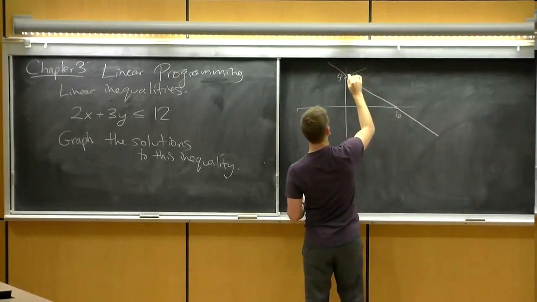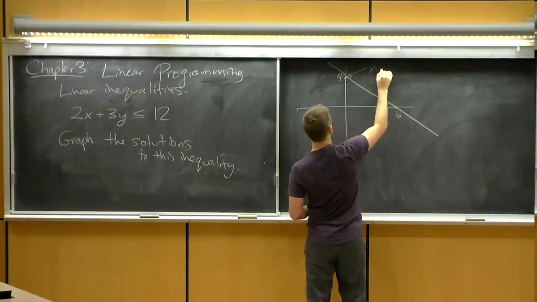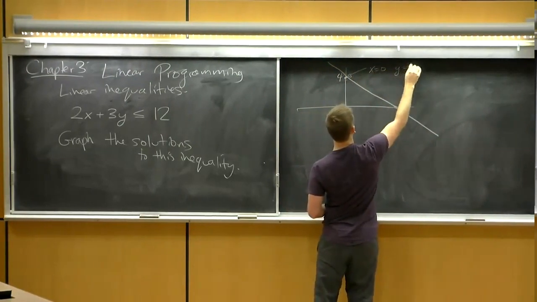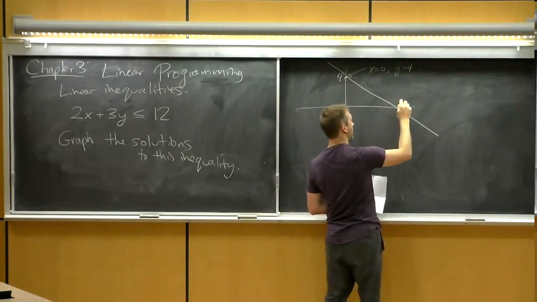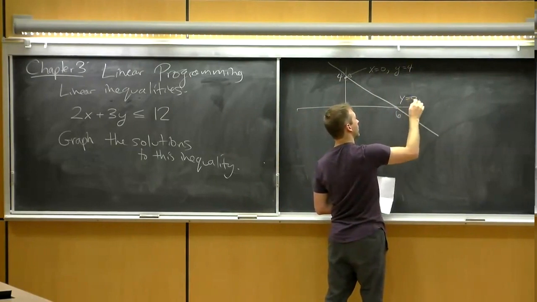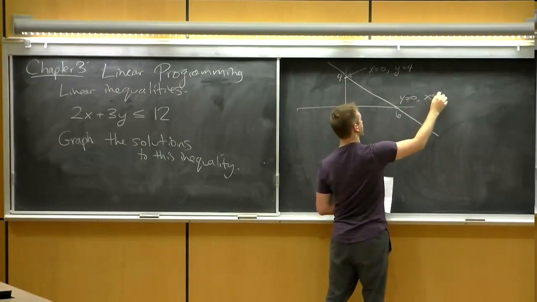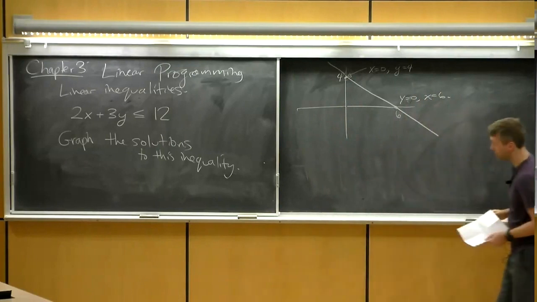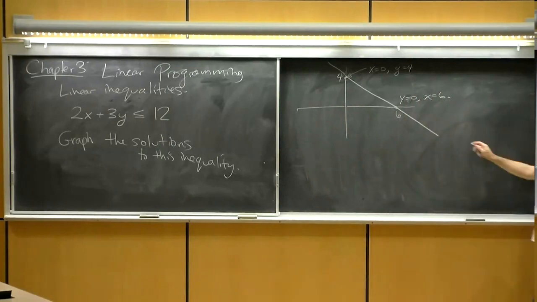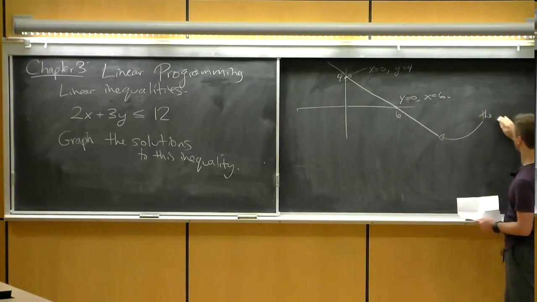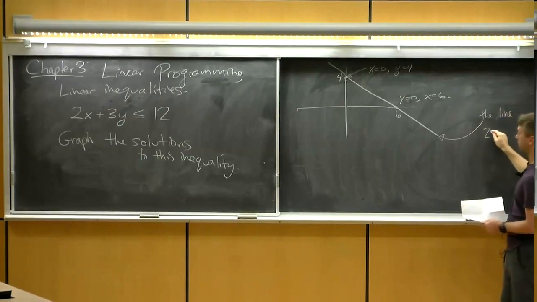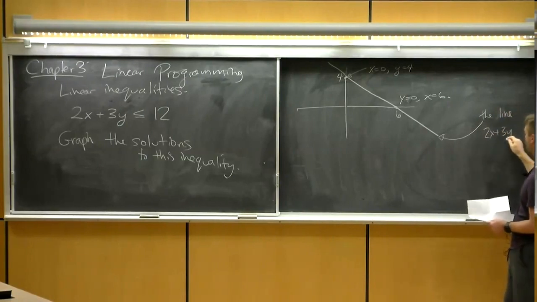So this came from when x is 0, y is 4, so the height is y. And when y is 0, x is 6. So this is the line where 2x plus 3y equals 12.